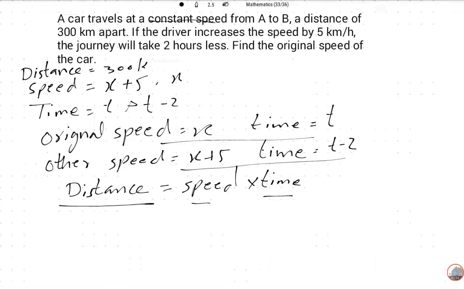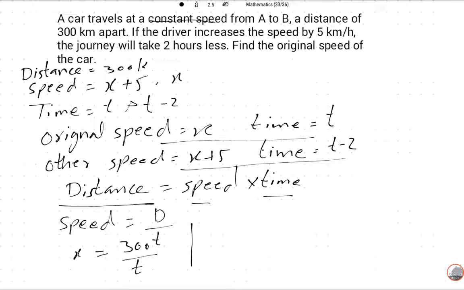The first choice, or I would say first method, is I find out with speed. Speed is equal to distance upon time. So if speed is x, then distance is 300 kilometers and time t.